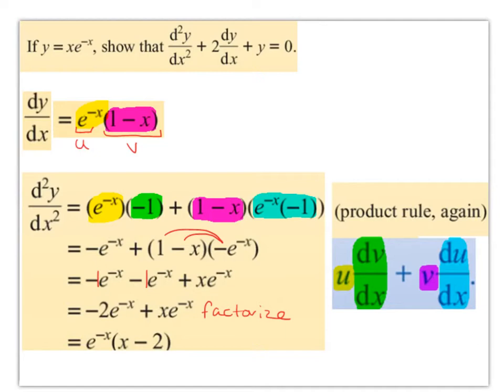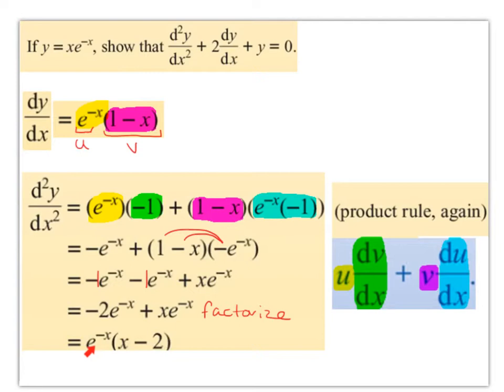Then we simplify. So -e^(-x) is really -1 e^(-x), as is this one. So -1 and -1 is -2. So we have -2e^(-x). And then we just bring down the x e^(-x). Next we factorize. So e^(-x) is common to both.